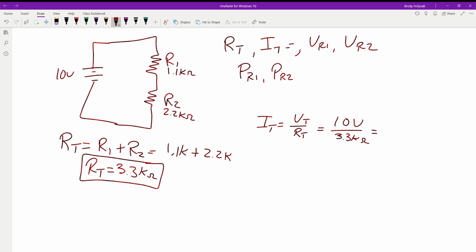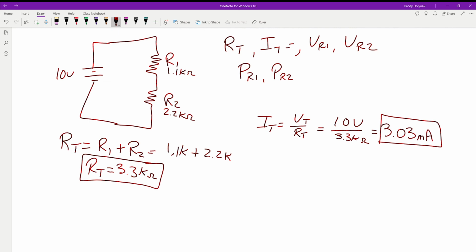Everybody good with that? Agree with that? Know how we got that? 3.03 milliamps. So that's our total current going through there.